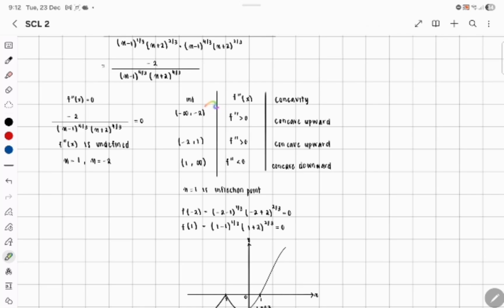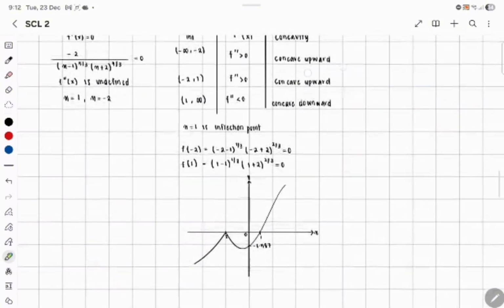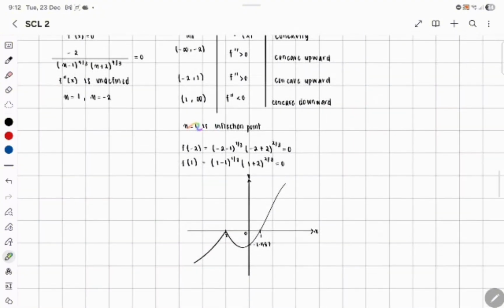So we can use the test for the second derivative. Same as before, we take the numbers between the critical points and put them into the second derivative function. From that we can know whether the graph is concave upward or concave downward. From this test we know x equal to 1 is the inflection point.